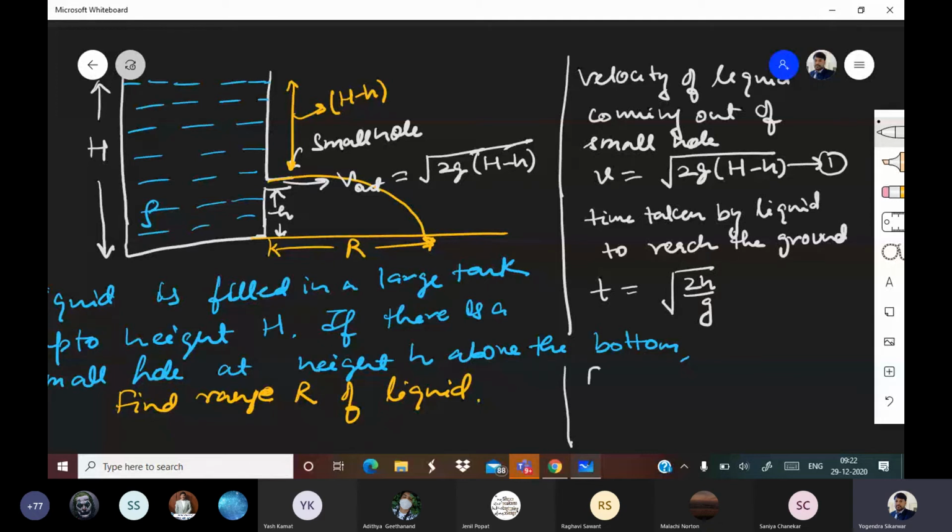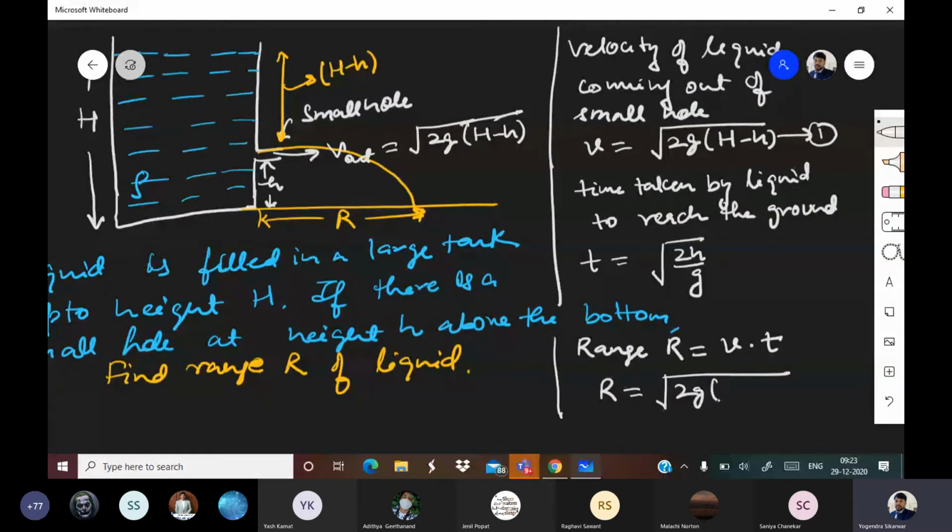So how much will be the range? Hence range R will be V into T, because velocity is horizontal and time taken is given. This is a situation of horizontal projection of a projectile. So R will be under the root of 2g into (H minus h) into under the root of 2h upon g.